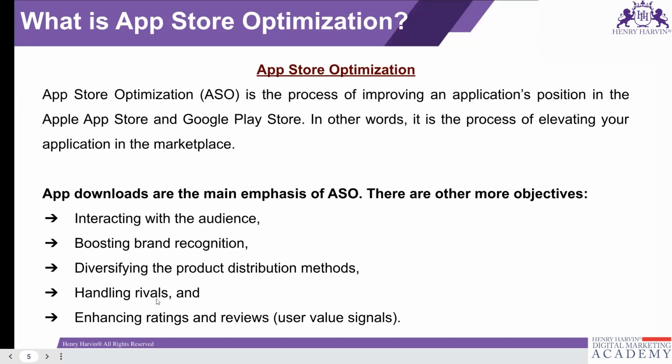Handling rivals is also related to getting feedback. Okay, because you have competitors and sometimes some competitors are your rivals and they will just try to defame your image, your brand image. So you have to handle them easily by understanding their feedback, asking for ratings and reviews.